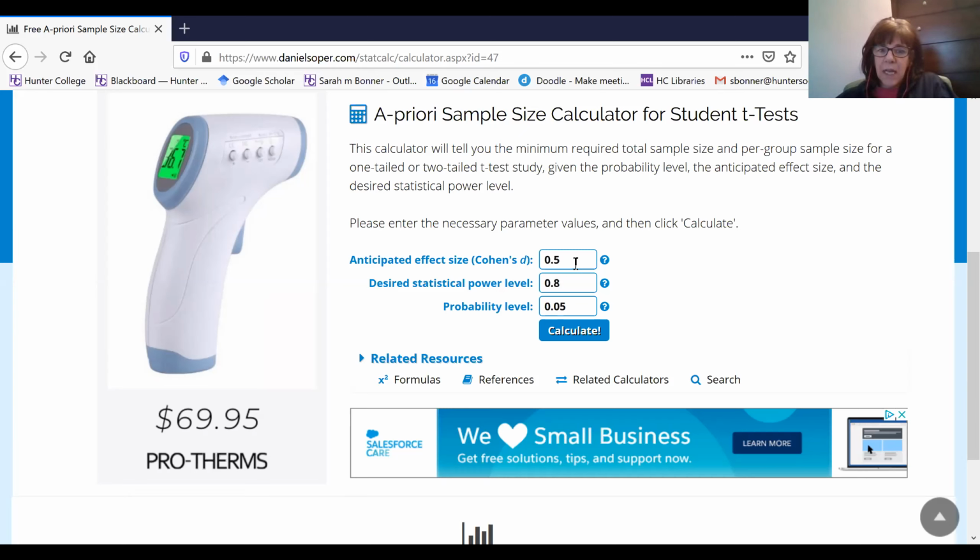Then it asks your desired statistical power level. Your power is the probability that you will detect an effect if an effect is there. Another way of saying it is that you will not make a type 2 error. So with 0.8, you have an 80% chance of avoiding a type 2 error.